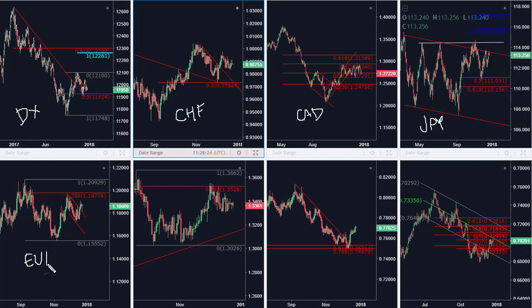So here's your euro, here's your pound, Aussie, and then the Kiwi. Okay, so Zealand is the smallest market, if you will.